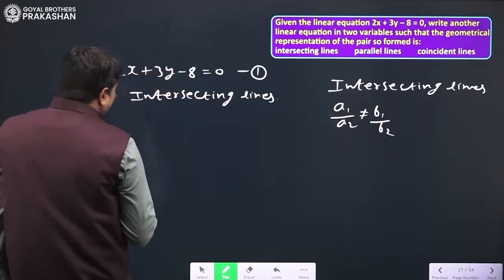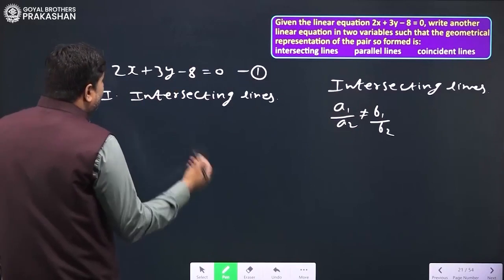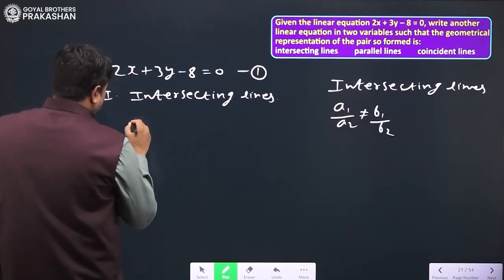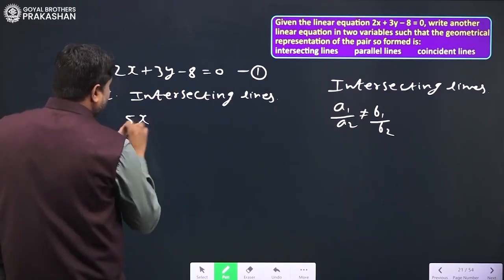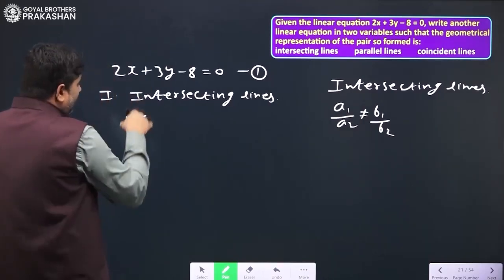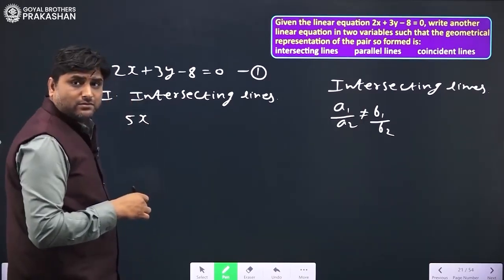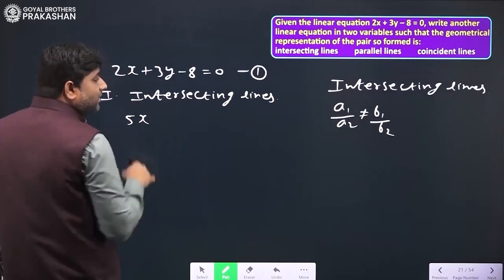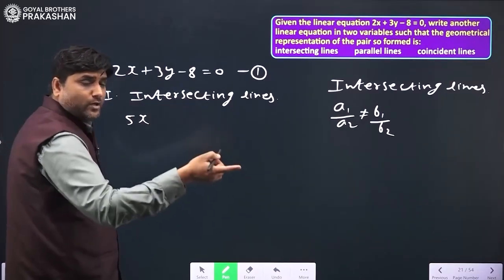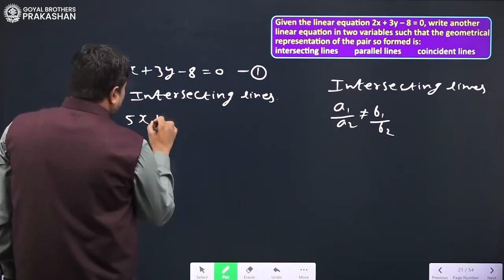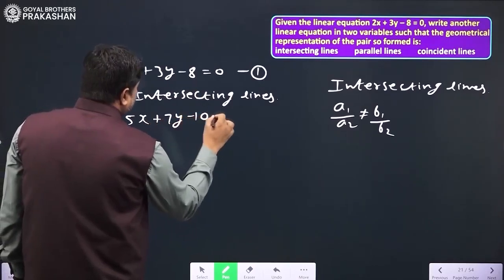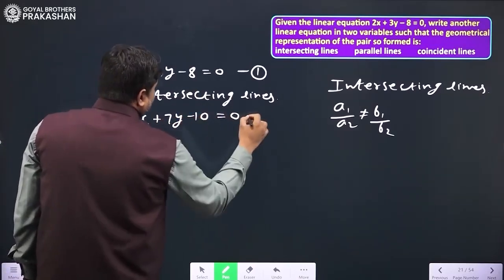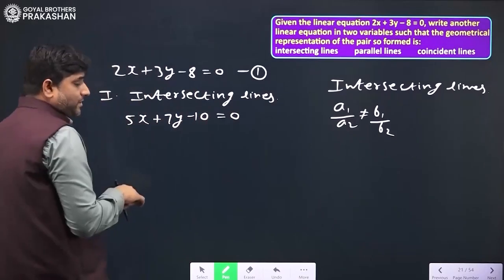So if a1 is 2 and I maintain a2 as 5, so I write the equation 5x. So by this way a1 upon a2 will be 2 by 5 and b1 is 3. So b1 upon b2 should not be equal to 2 by 5. So I can write 7y minus 10 equal to 0. So this is the second equation.